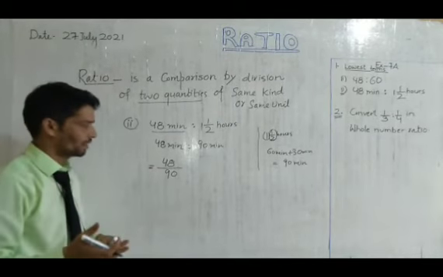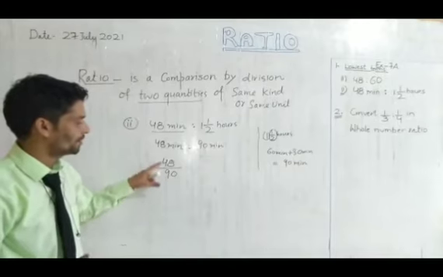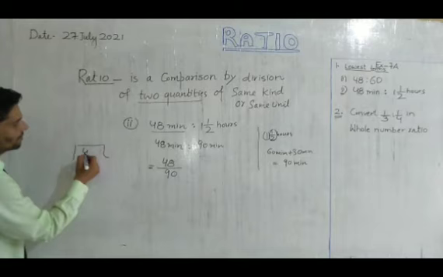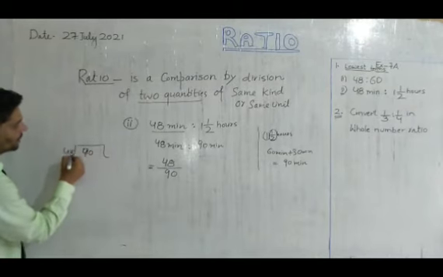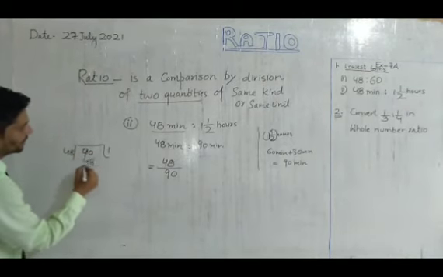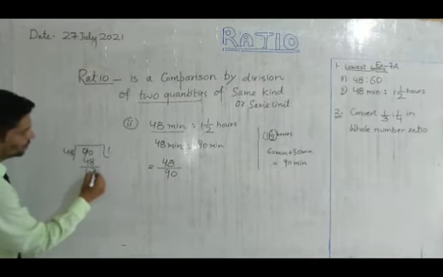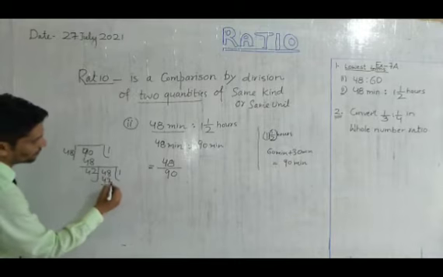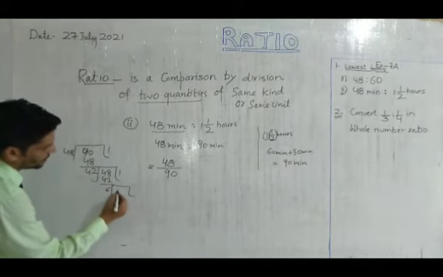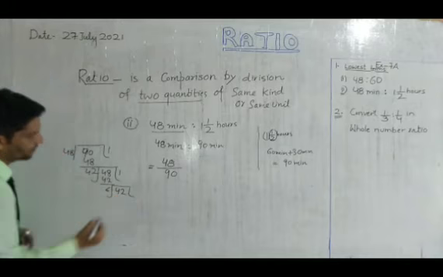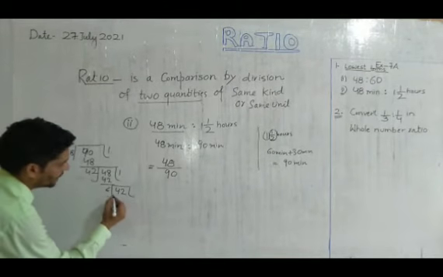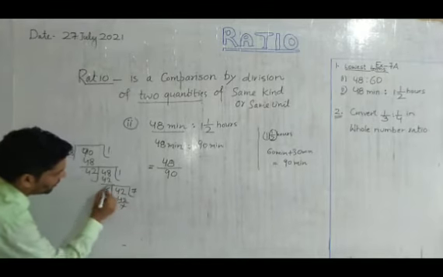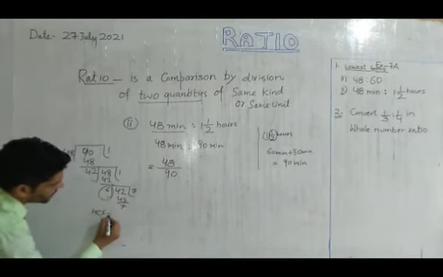Now we have to calculate the highest common factor between these two. How to calculate? You know, by the division method. 90 divided by 48, 48 once is 48, 42 left. 48 divided by 42, 42 once is 42, 6 left. Here 42 becomes your dividend and 6 becomes divisor. 6 sevens are 42. So your HCF will be 6. HCF here is 6.